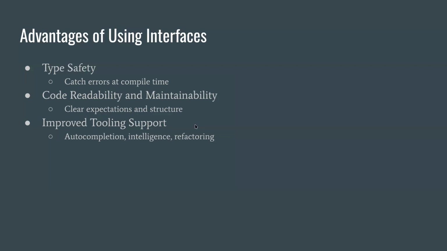Interfaces also make your code more readable and maintainable as they clearly define what is expected. Lastly, they improve tooling support, giving you better auto-completion and refactoring capabilities in editors like VS Code.